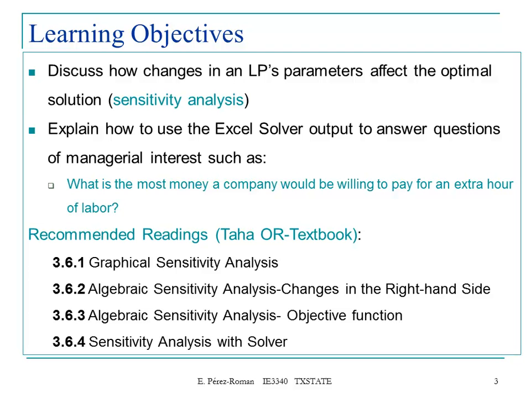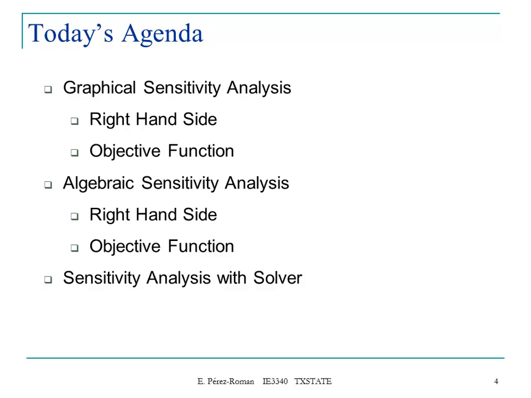Shall we move to the next. Okay. So the graphical sensitivity analysis, this is the agenda for today. Graphical sensitivity analysis, right-hand side, objective function. So we're going to look at the sensitivity analysis using 2 methods, the algebraic and the graphical method.